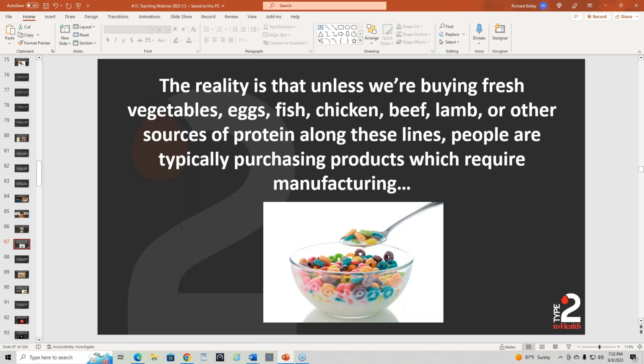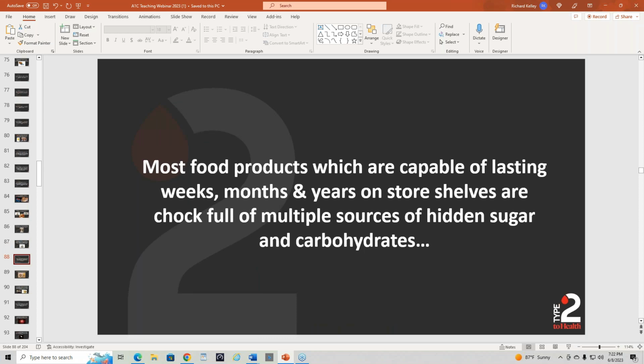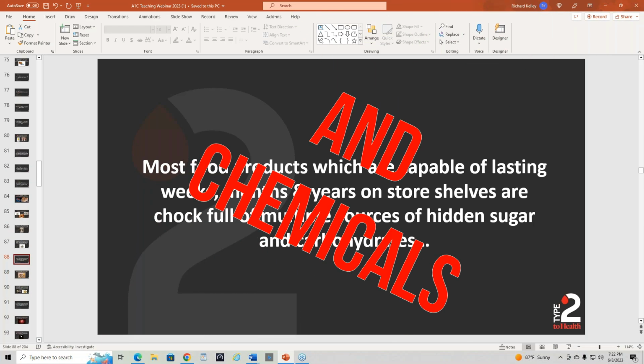The reality is that unless we're buying fresh vegetables, eggs, fish, chicken, beef, lamb, or other sources of protein along these lines, and vegetables as well, people are typically purchasing products which require manufacturing. I want you to think about that for a minute, because most products which are capable of lasting weeks or months or years on store shelves are chock full of multiple sources of hidden sugar and carbohydrate.